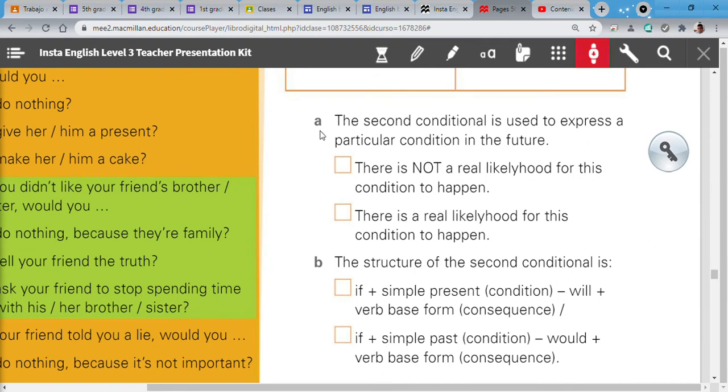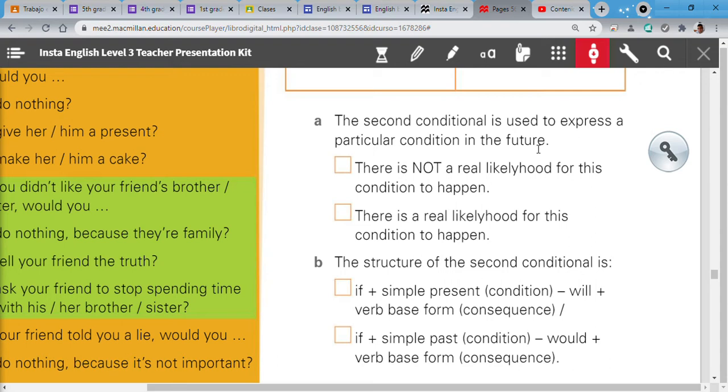Here we have the rule. The second conditional is used to express a particular condition in the future. Okay, listen, there is not a real likelihood for this condition to happen, says the first one. The second one says there is a real likelihood for this condition to happen.